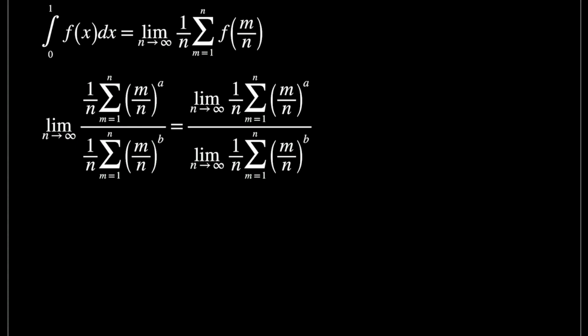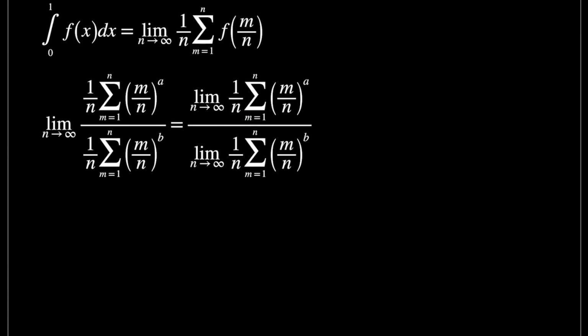Now, of course, comes the fun part. At this point, we're just going to have to choose a smart function f, because as you can see, basically all parts are perfectly aligning here. We've got our limits, we've got 1 over n, we've got our sum, and we have something inside, m over n. So basically, we're just going to have to choose the function x to the power of a for our numerator.